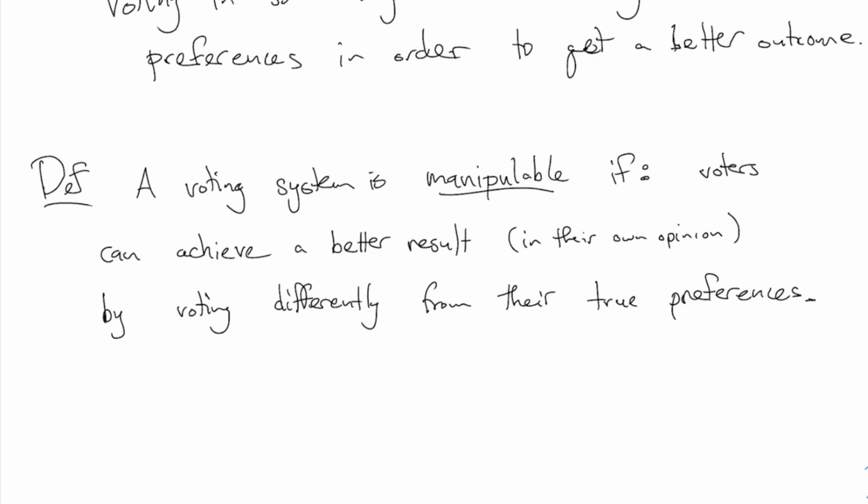Maybe people can get better results by inventing a vote, which is not actually how they feel, but they're voting in this way in order to work the system somehow. All right, and this is regarded as a bad thing.